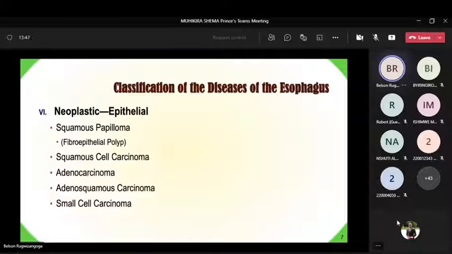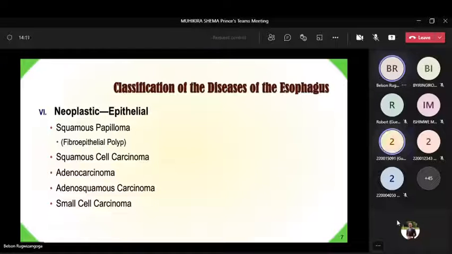We have a few cases whereby you have adenosquamous carcinoma. It means you find a nest of cancer, but within that nest, you have both squamous and the glandular components. So in that case, we call it adenosquamous carcinoma, and we understand that treating it is not easy.